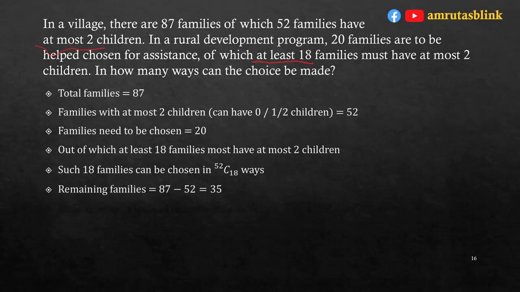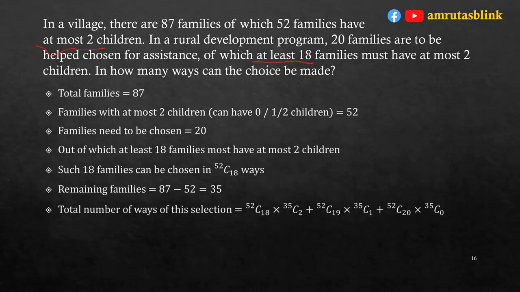So, if we are selecting 18 families from these 52 families, then out of 20, remaining 2 families need to be chosen from these 35 families. So, in first case, we can have a combination of 18 families from 52 and 2 families from this remaining 35 families.